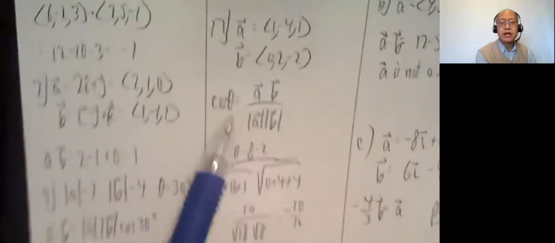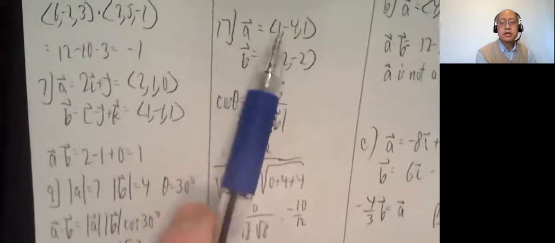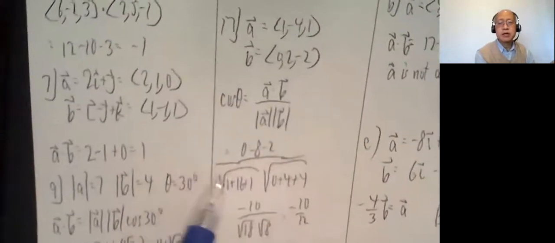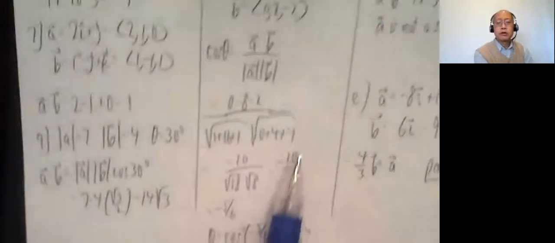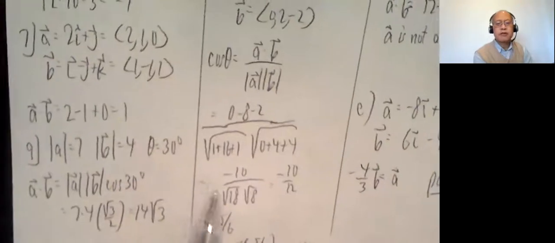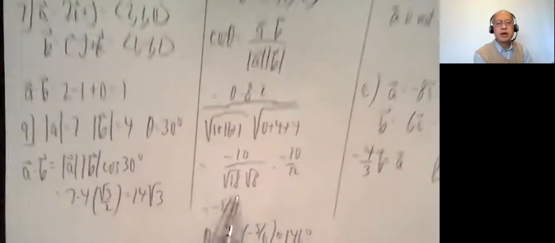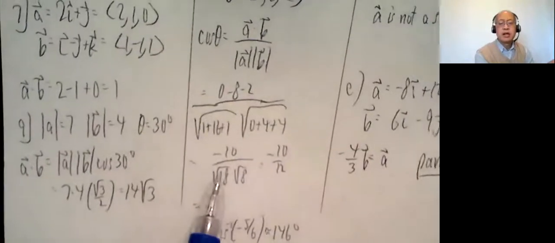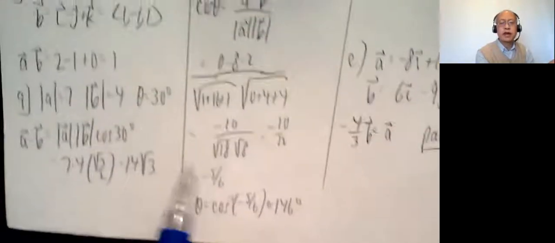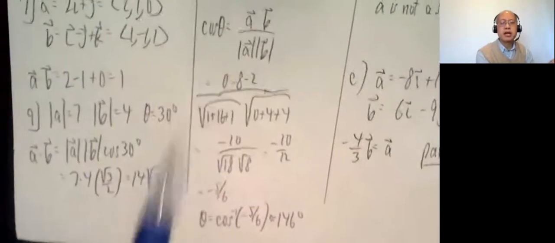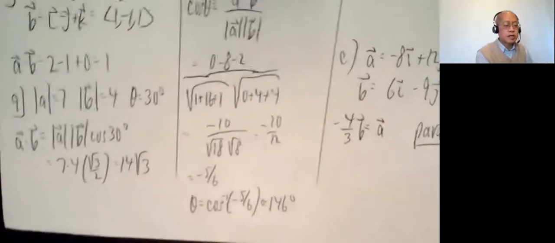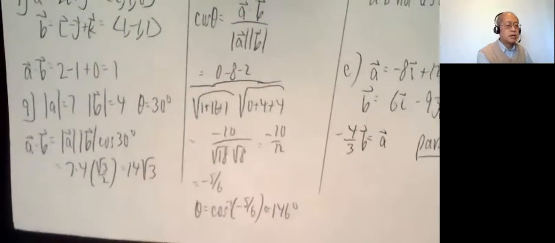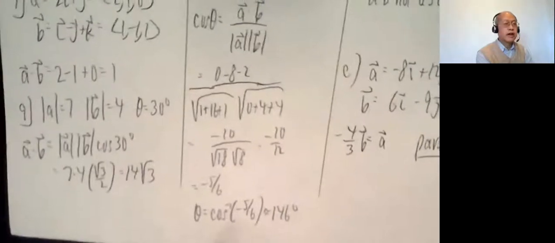Over magnitude of A, so square root of 1 plus 16 plus 1, and square root of 0 plus 4 plus 4. So that comes to be negative 10 over radical 18 times radical 8. And that comes out to be negative 10 over 12, or negative 5/6. That's cosine of theta. So theta is inverse cosine of negative 5/6, 146 degrees. So 146 degrees is the angle between the two vectors.